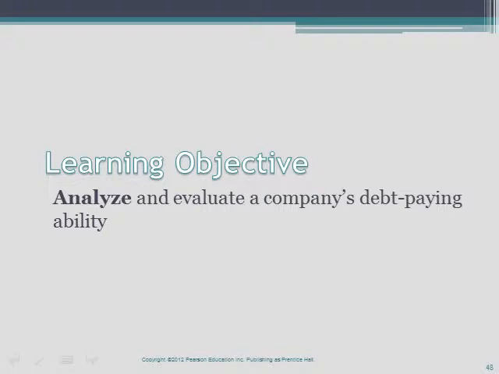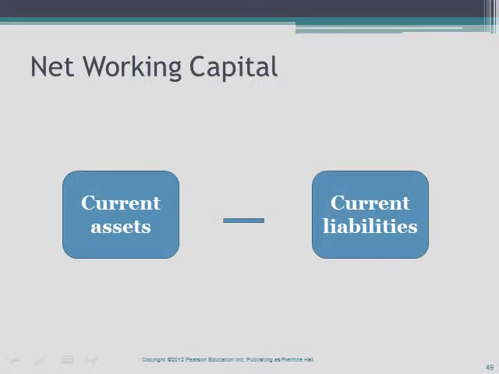And so in this section we want to talk a little bit about how these companies analyze and evaluate a company's debt paying ability by using these ratios from the financial statements. When we talk about net working capital, we are simply talking about the difference between current assets and current liabilities.